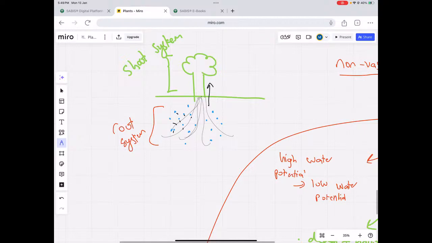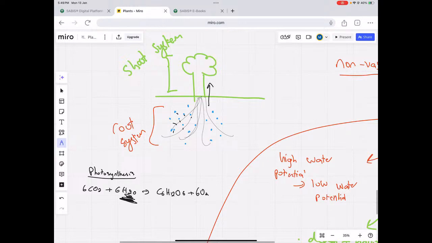Because remember, what was the formula of photosynthesis? Let me remind you guys. It was 6 CO2 plus 6 H2O gives you C6H12O6 plus 6 O2. So we need water to perform photosynthesis.